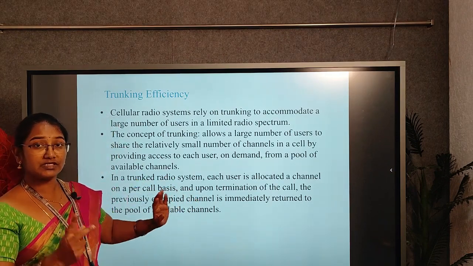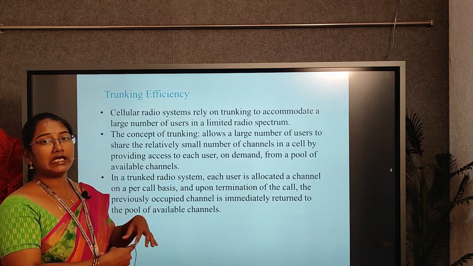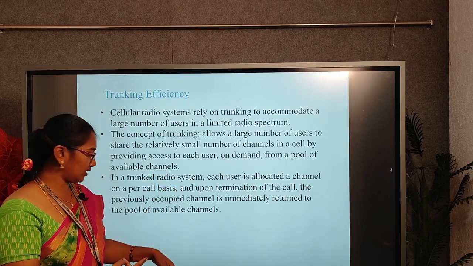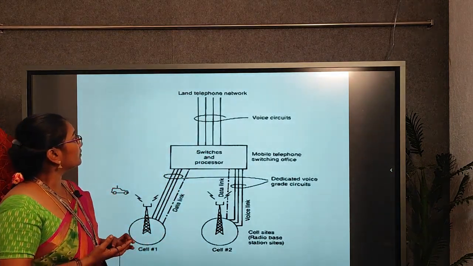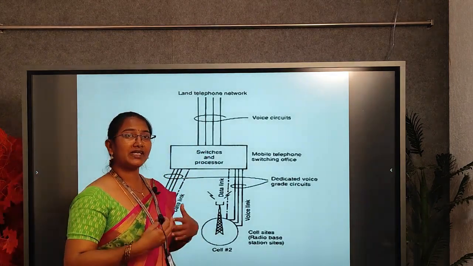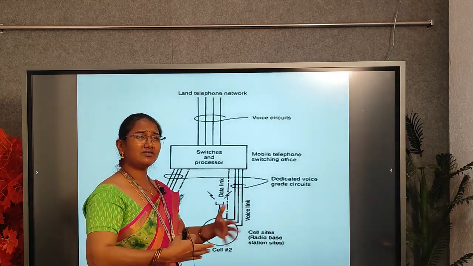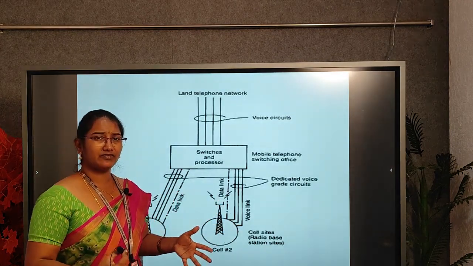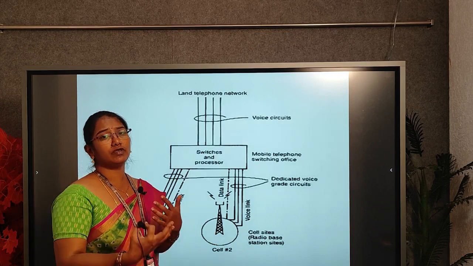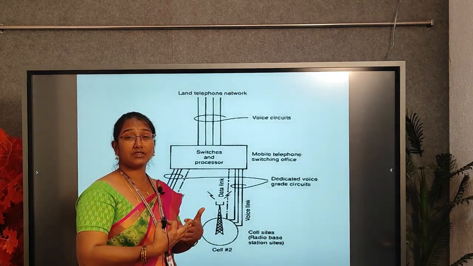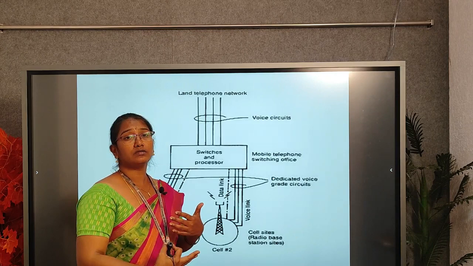That means one number is increased in the available pool of channels. Simply assigning channels to all the customers is a waste of channel usage. Whenever there is a need, the cell site will assign a channel.